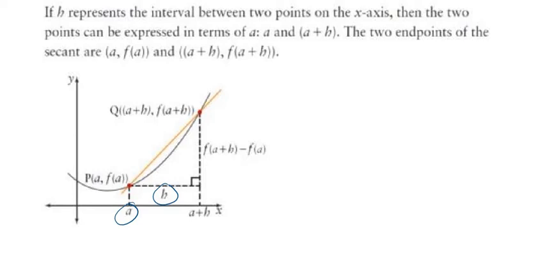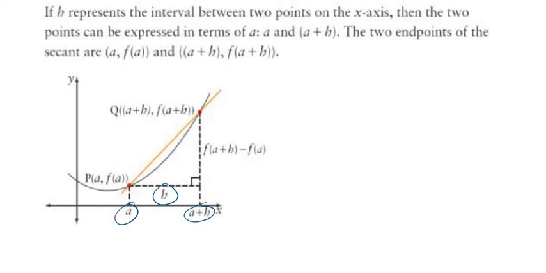So let's think of the last problem where a would be 60 minutes, and our time interval will be 3 minutes ahead. So we're just going to take 60 plus 3, or 63. So a plus h is going to represent our second point. We're taking our initial time that we're measuring, and we're going to add on our time interval.